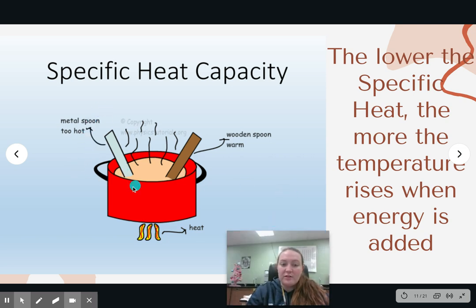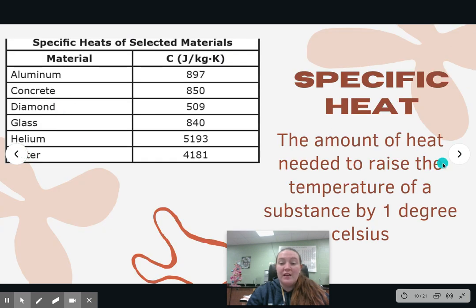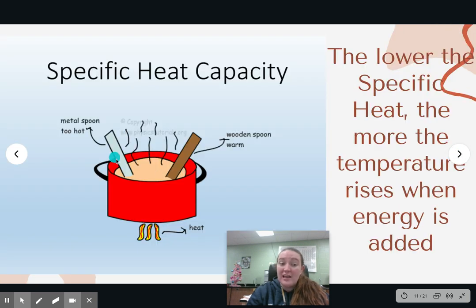Your metal spoon. The wooden spoon, it takes a long time for wood to heat up, meaning it has a very high specific heat. Metals, just like aluminum, they don't take as long to heat up, so they get really hot really fast. That's what specific heat is, seeing how fast things get hot.